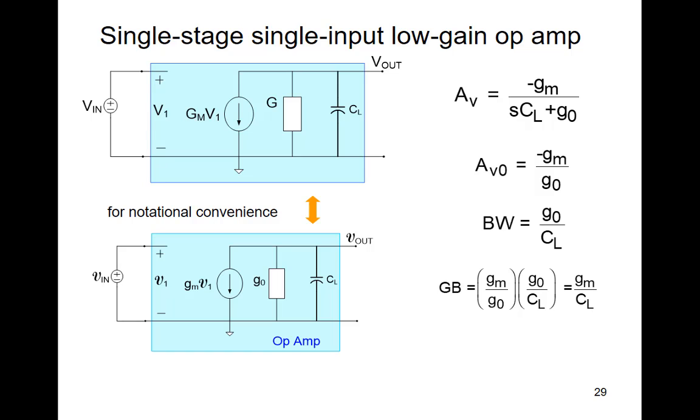G out is referring to the output conductance of this whole op amp. If you want to design a circuit and you look at the parameters Gm and G out, which determine the gain and the bandwidth and the gain bandwidth product, they give us almost no insight into how to design this circuit.